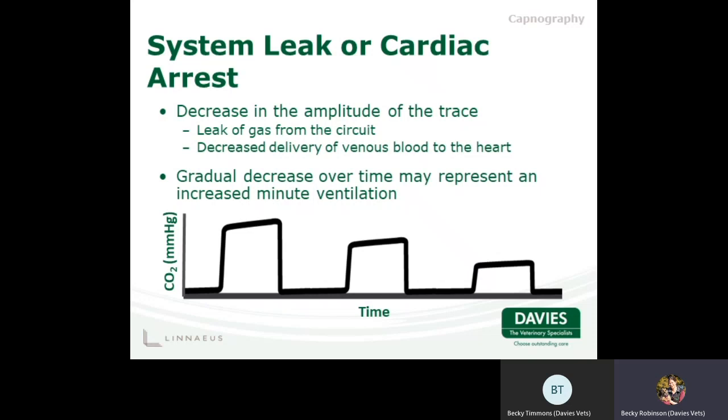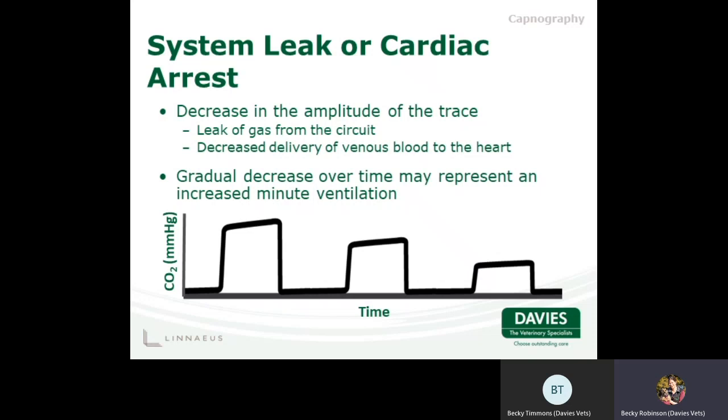But obviously, if this is the cause of this decrease in amplitude of the trace over time, then there must have been a change in the patient's respiratory rate or effort, or a change in the manual or mechanical ventilation in order to see this change in minute ventilation.